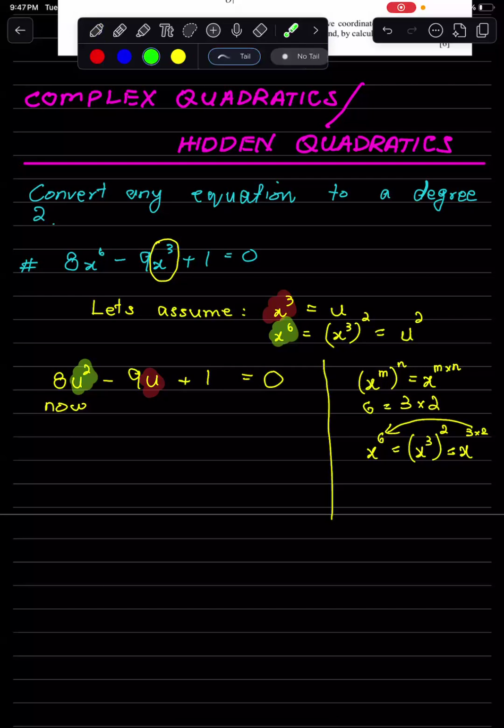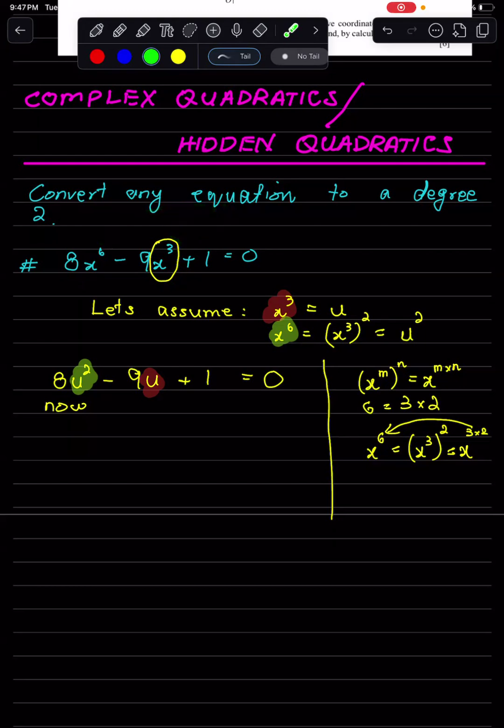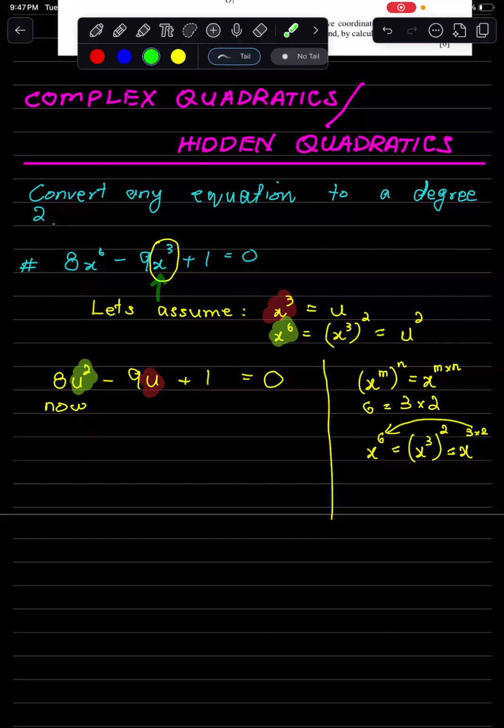One other hint. Whenever you are solving complex quadratics, you would realize that when you take the second highest power squared, you are actually getting the highest power. So you just have to grab the second highest power and make it equal to any variable. When you square it, you will get the highest power.